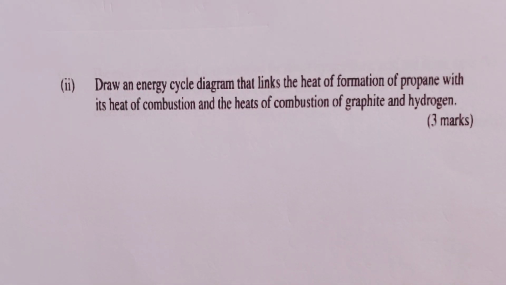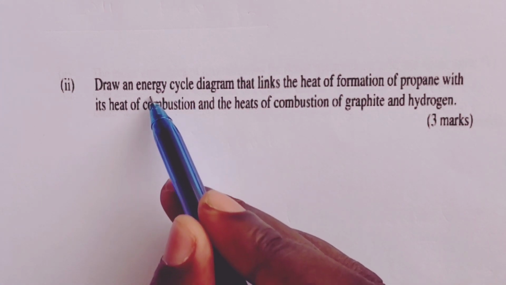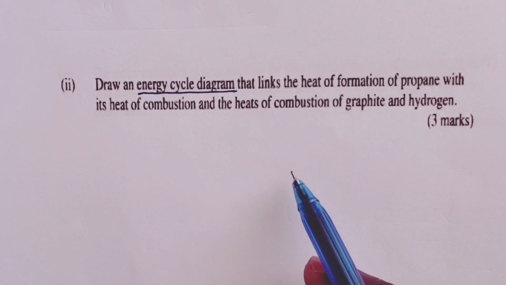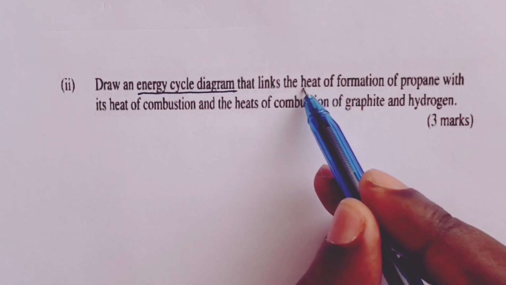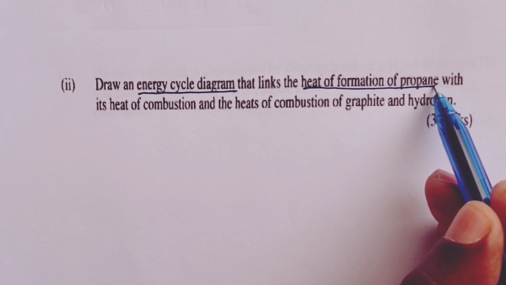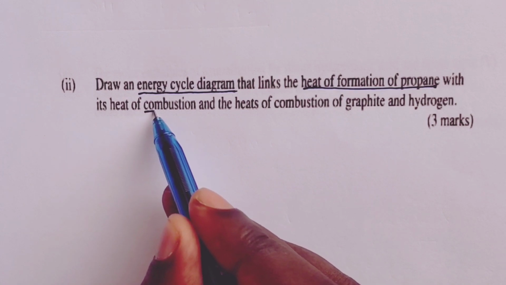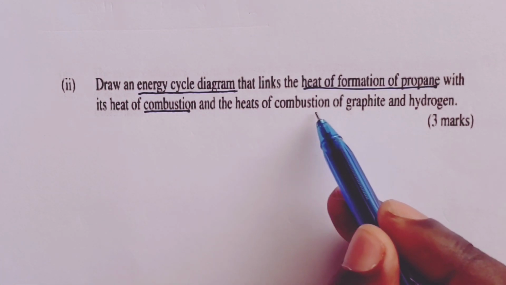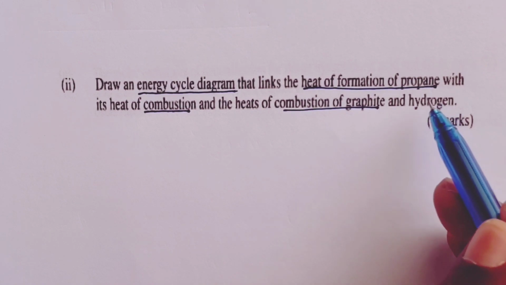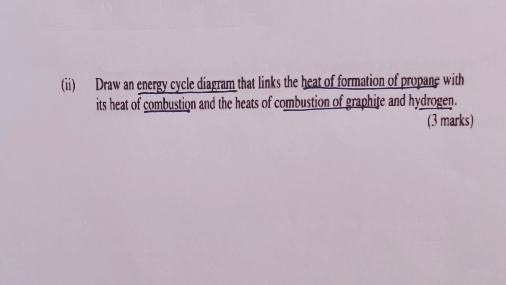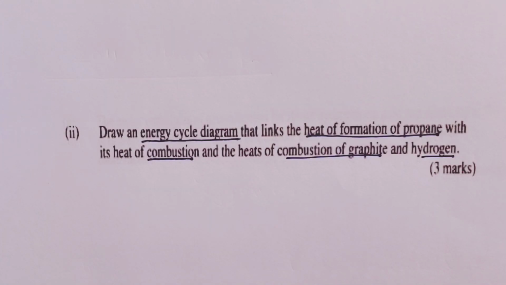In Roman 2 of part C, we are asked to draw an energy cycle diagram that links the heat of formation of propane with heat of combustion of propane, heat of combustion of graphite, and heat of combustion of hydrogen. Now, before we do this, it is always good we write equations for all the heat types that have been mentioned in our question.